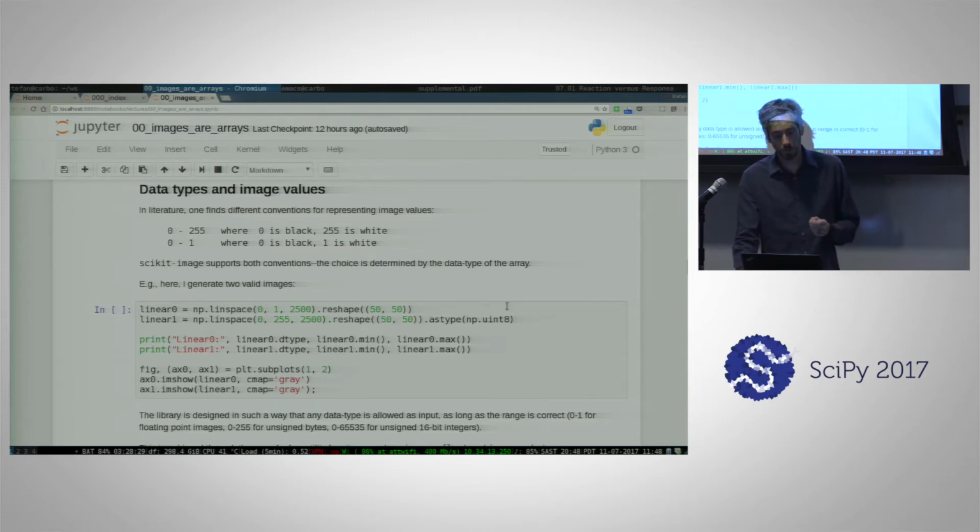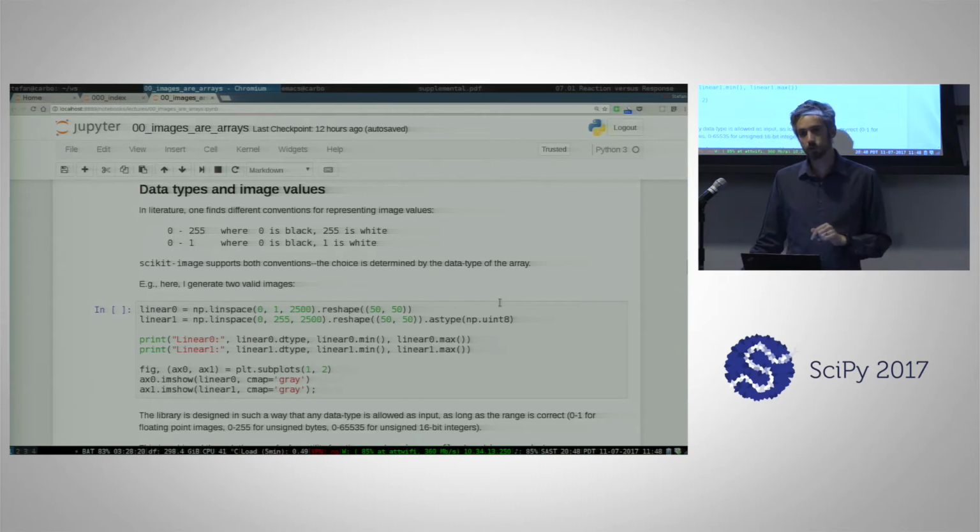The reason is that we know what to expect from the different data types. If your array has a data type of uint8, we expect the values to go from 0 to 255. If your array has a floating point data type, then the values must range between 0 and 1. And scikit-image always interprets it that way.